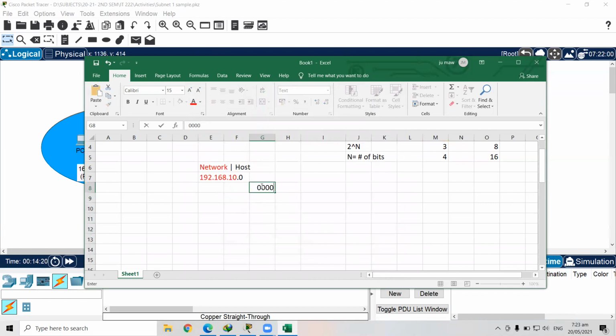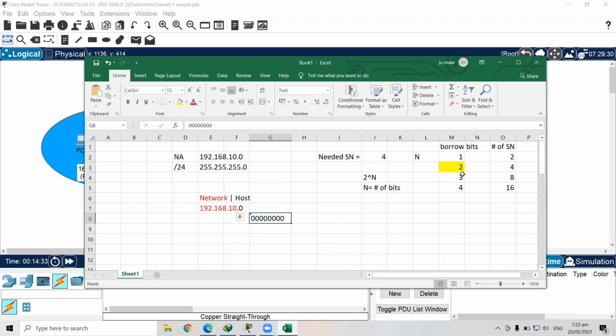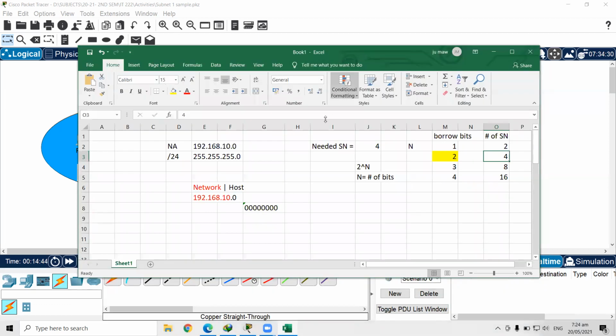So 1, 2, 3, 4, 5, 6, 7, 8. So 8 na yan siya. Ngayon, magbo-borrow daw tayo ng 2 bits para magkaroon tayo ng 4 subnets para sa 3 networks na to. So therefore, 2 bits.